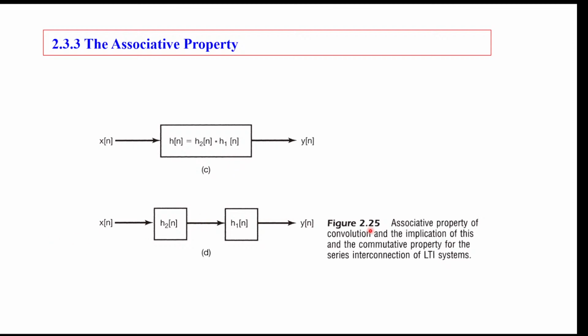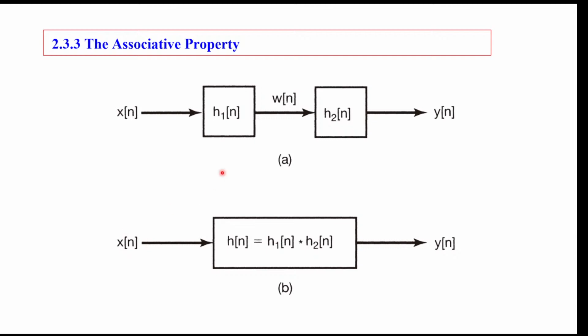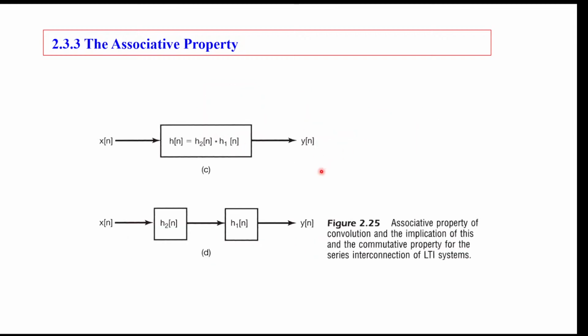So from the associative property and the commutative property, the order of applying LTI systems doesn't matter, because applying h1 first and then h2 is the same as applying h2 first and then h1. Okay, so this implies the commutative property of the serial interconnection of LTI systems. So that's very nice.